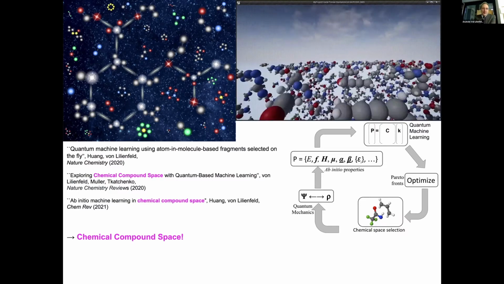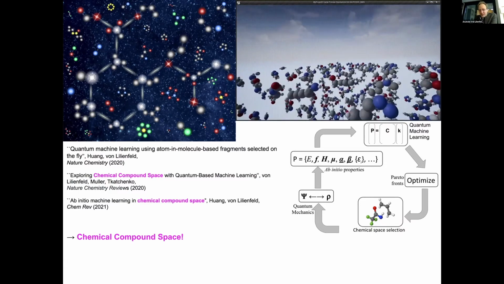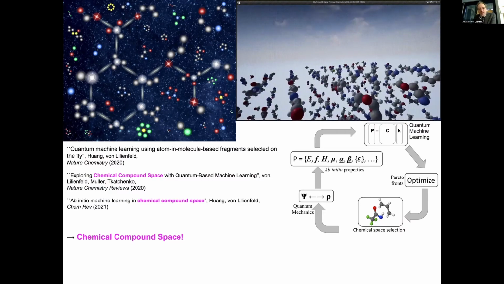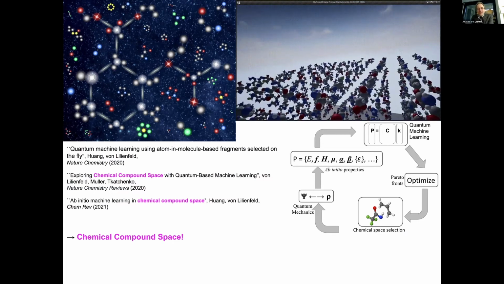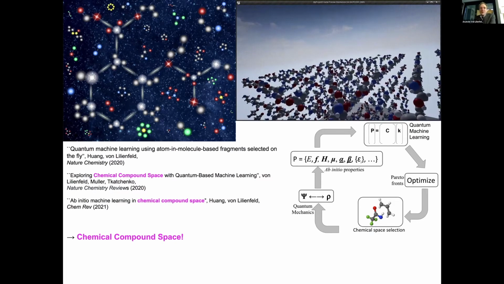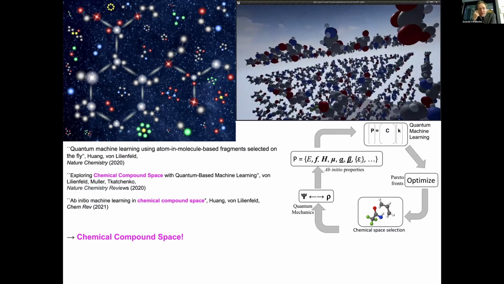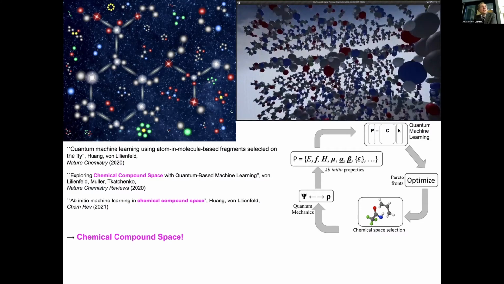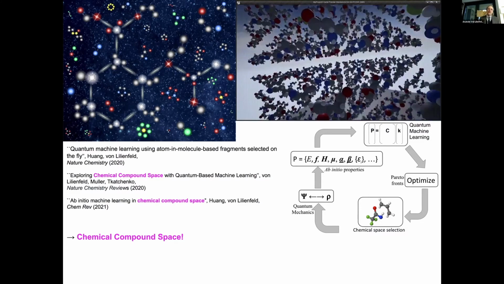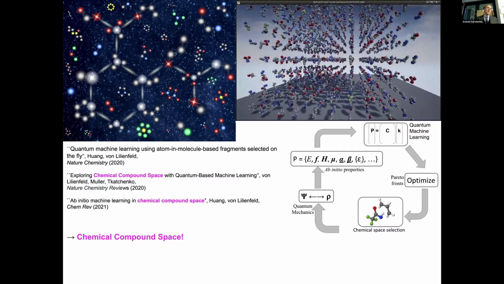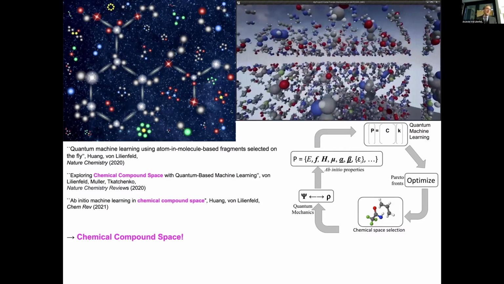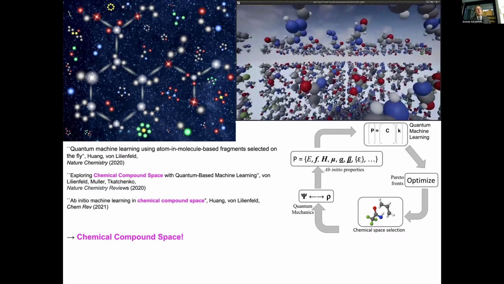This is not something unreasonable. And so we try to bring this into the domain of changing not only coordinates, but also chemical composition and size, and considering more than just the energy, also other properties and so on.